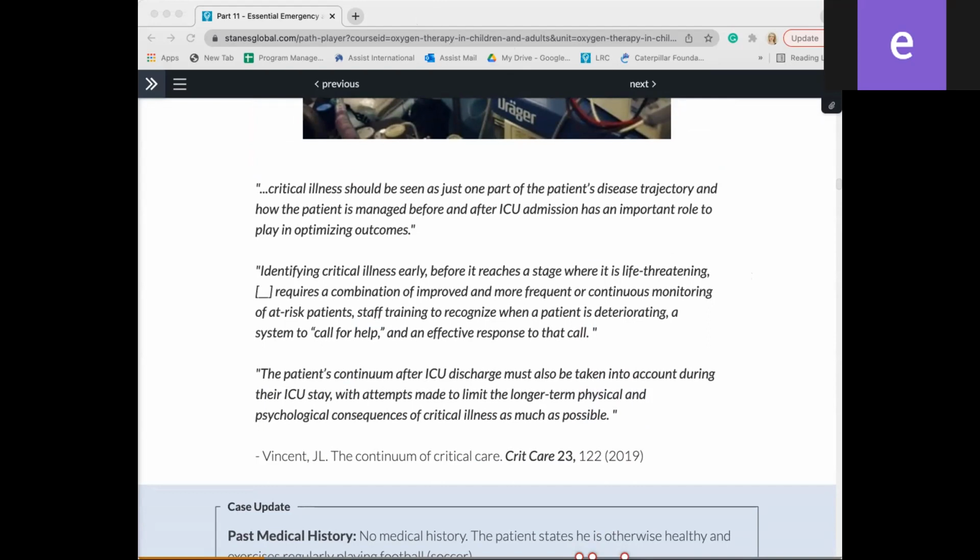So critical illness should be seen as just one part of the patient's disease trajectory, and how the patient is managed before and after ICU admission has an important role in optimizing outcomes. So this patient is still not yet in the ICU, could be in the ward, but they need to be taken to a critical unit.